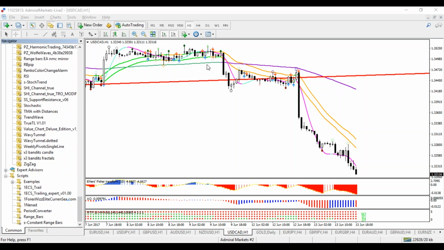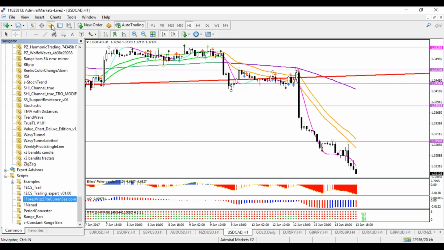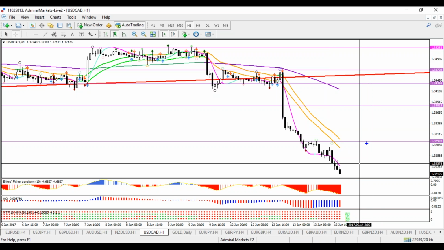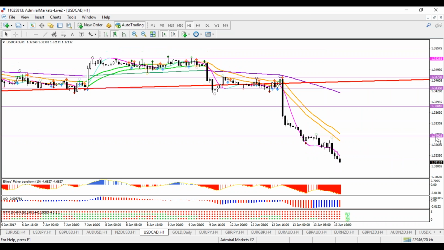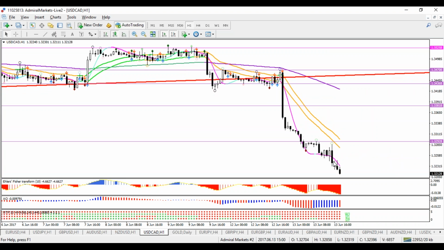I'm just adding targets, fib targets here. Past the third level, this third level now becomes potential resistance, and price would then have the potential to go to the fourth or maybe even the fifth level. But I'm not sure.